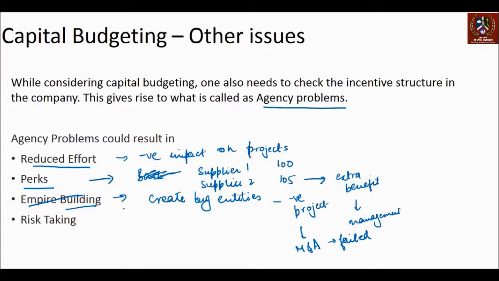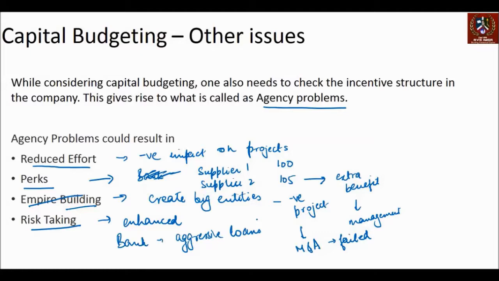Risk taking: sometimes you see enhanced risk taking because of compensation structures. If the management has a tenure of 2 years, then you want to maximize what you can do in those 2 years. So a bank might go out aggressively giving out loans, just to showcase better numbers in terms of market share, but that's going to create a problem at a later point of time.